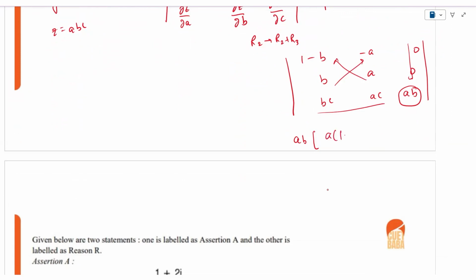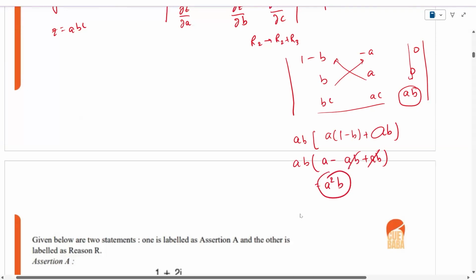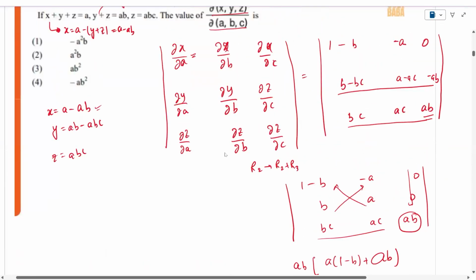So A times (1 minus B) plus AB and AB, A minus AB plus AB, minus AB plus AB get cancelled out. So it is A square B. So second is the correct option.